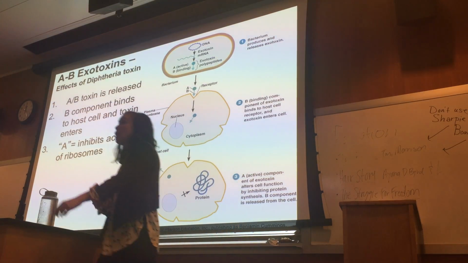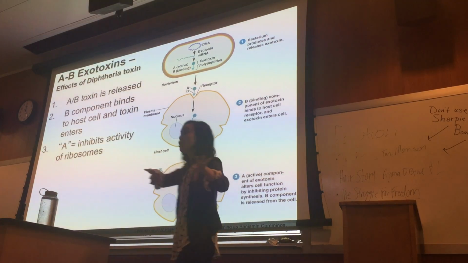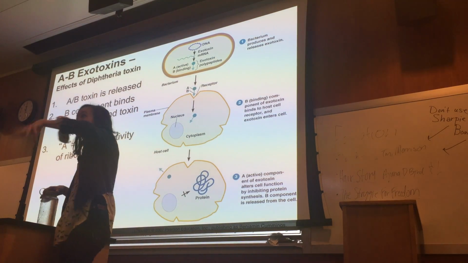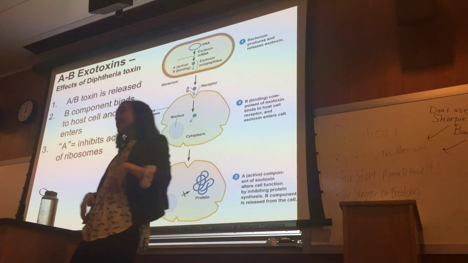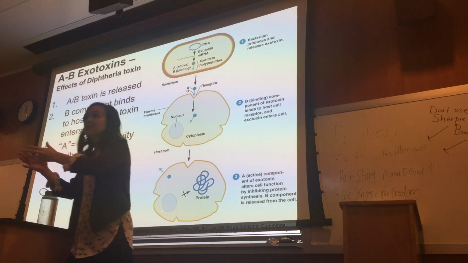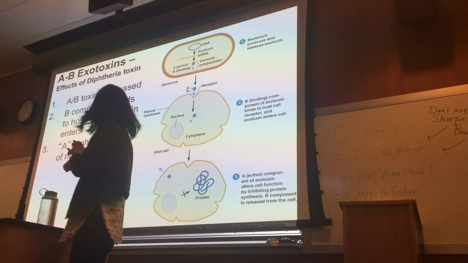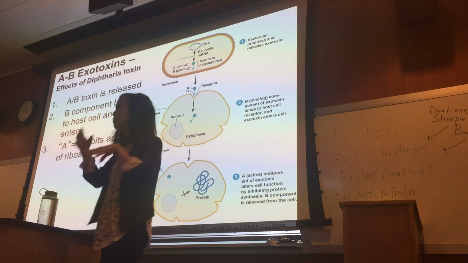So we definitely have ribosomes in our cells, and you guys already know ribosomes are the place where we're building protein, right? So if that toxin starts shutting down your ribosomes, your cells are just going to auto-destruct and die pretty fast, because there's no way they can survive without their ribosomes working properly.